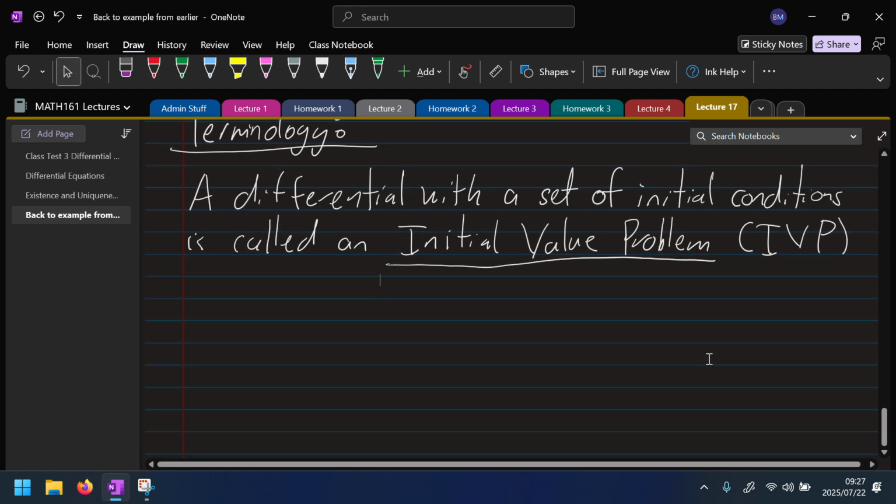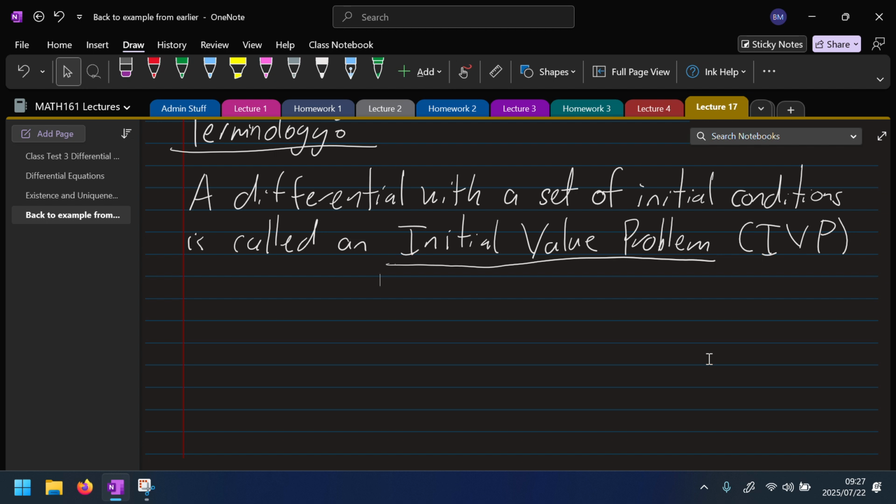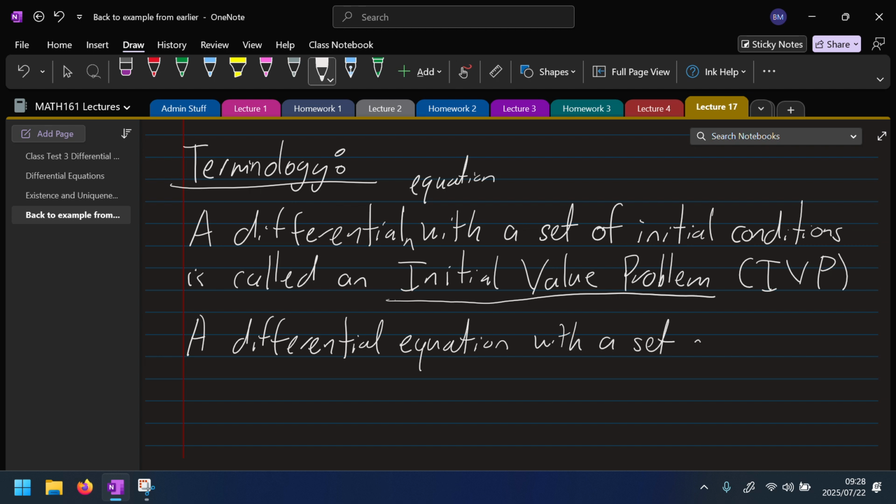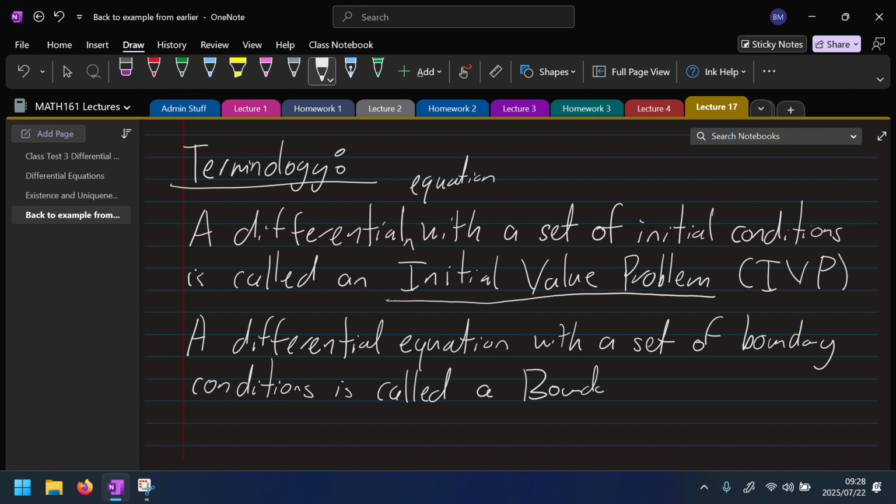Then a differential equation with a set of boundary conditions is called a boundary value problem.